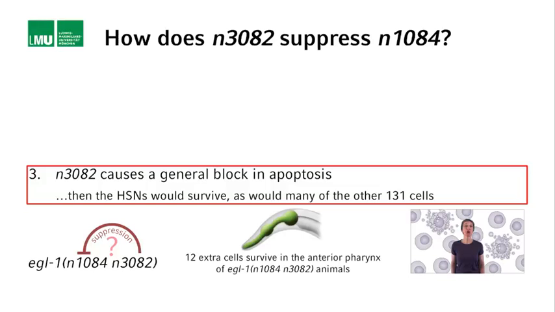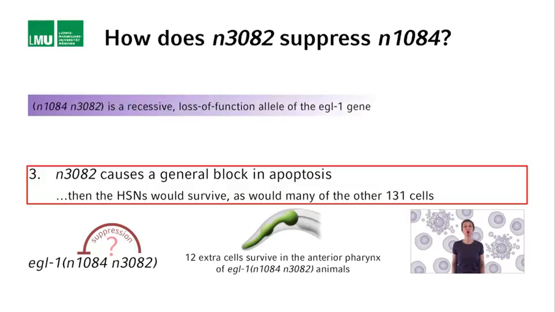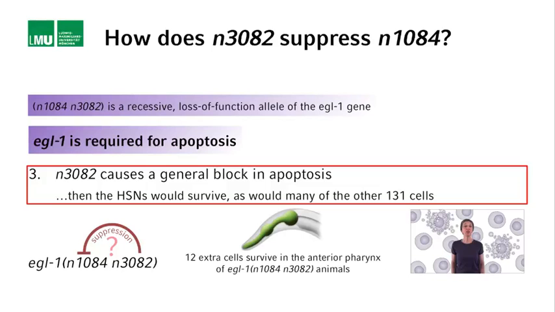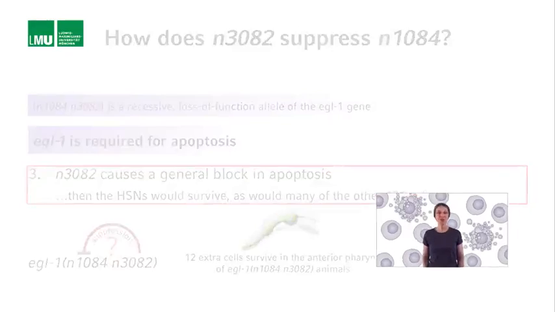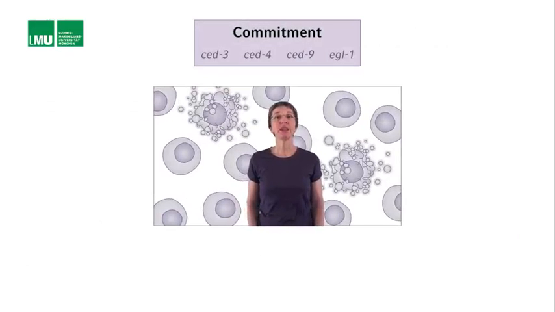N3082 also turns out to be recessive and therefore a loss of function mutation of the AGO1 gene. These results demonstrate that the AGO1 gene is required for apoptosis. These results also demonstrated that, like the genes Z3, Z4, and Z9, the AGO1 gene acts in the commitment step.